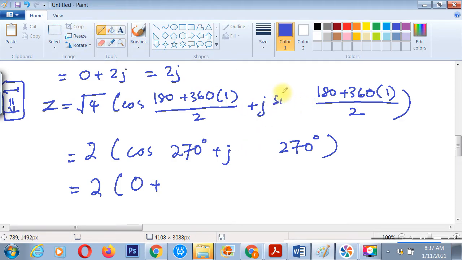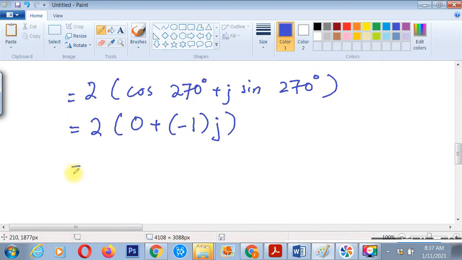Okay, sine 270, you will have negative 1, and then you have j here. Remember, you have j here. So you will have 0 plus negative 2j. So actually this equals to negative 2j.